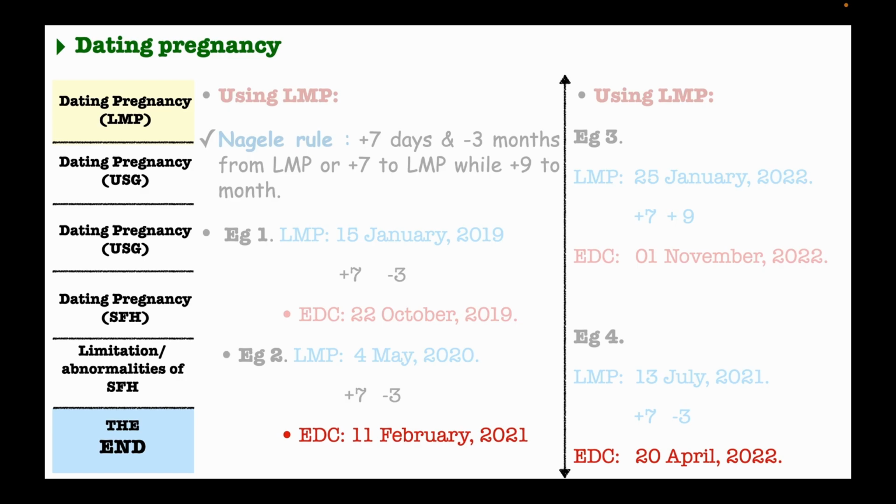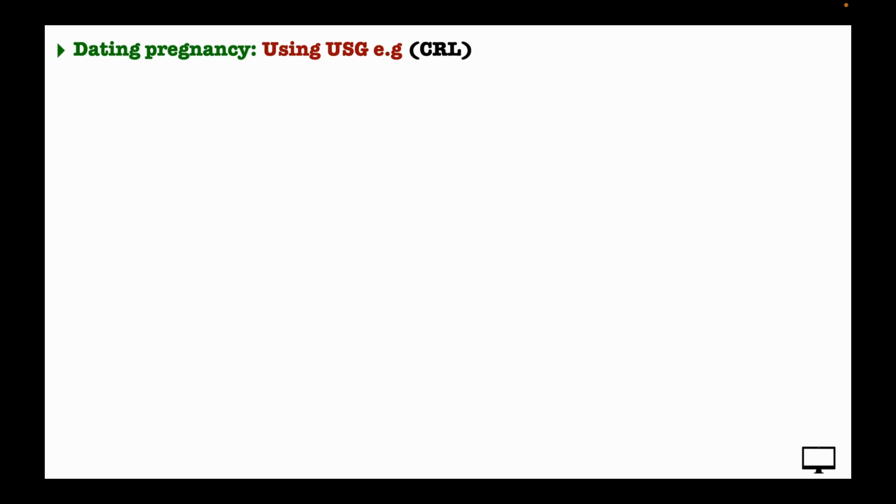So basically, this is how we use the LMP to calculate or to determine the date of pregnancy. Now, the next method we are going to use is the ultrasound. If the LMP is uncertain, as we've seen that it can happen, then an ultrasound is often used to determine the gestational age and the expected date of confinement.